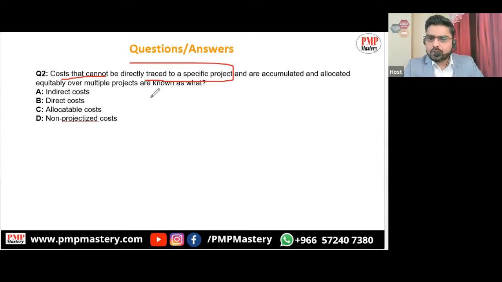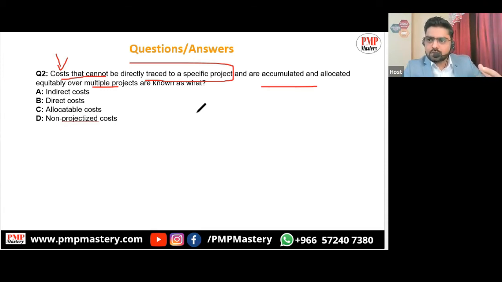The costs which cannot be traced to your specific project and are accumulated and allocated equitably over multiple projects. The cost is spread, divided among multiple projects. What kind of cost is that? If the cost is shared with multiple projects, what kind of cost is that?